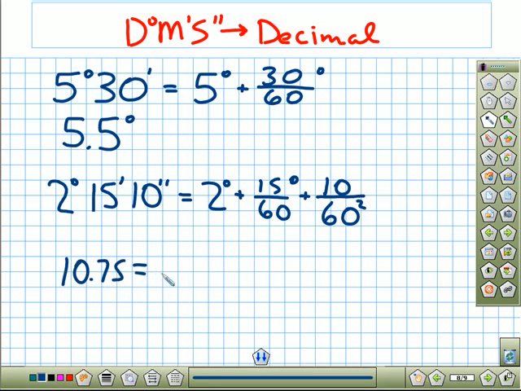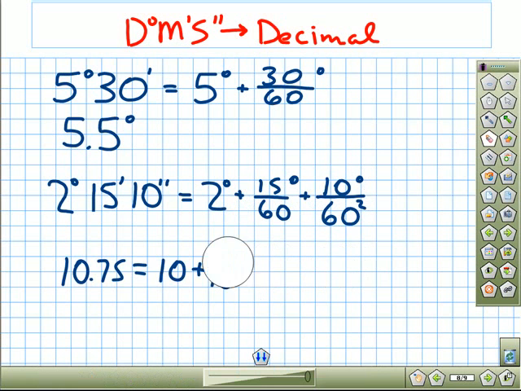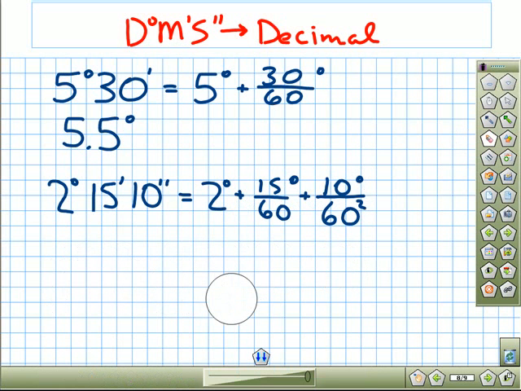Isn't that 10 plus 7/10 plus 5 over 10 squared? That's when we're dealing with tenths. But up here we're dealing with 60ths. So notice the similarities here. Now, if you put that in your calculator and work it out, you would get the decimal representation.